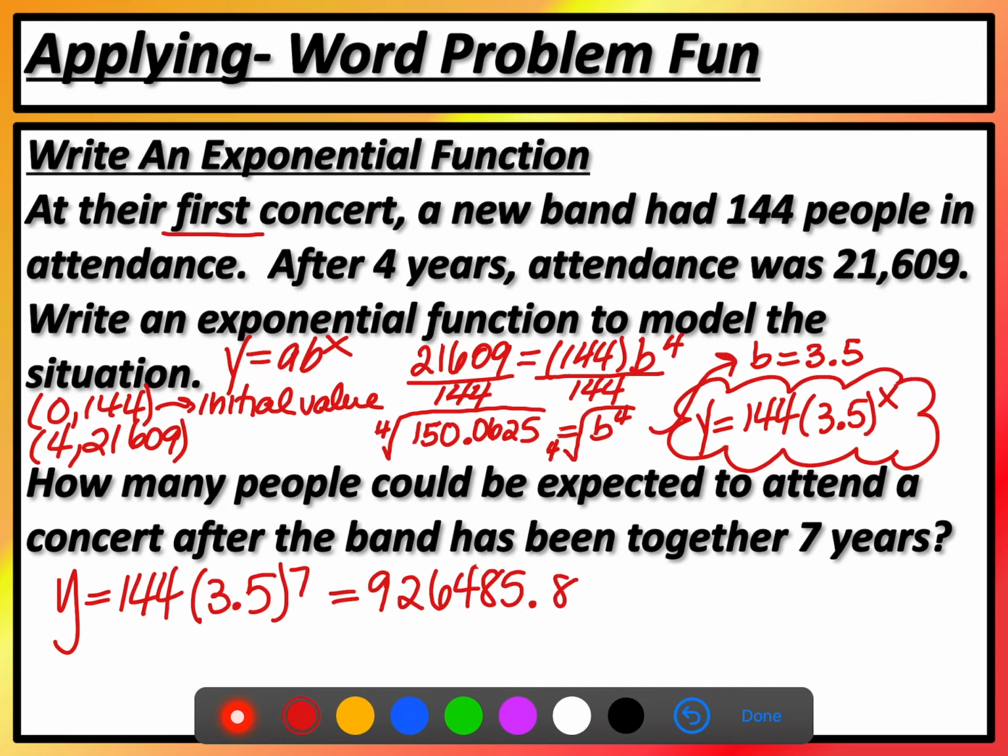We actually get a decimal here, 0.875, but since it's people, we're going to round down. And that's my final answer for part 2.